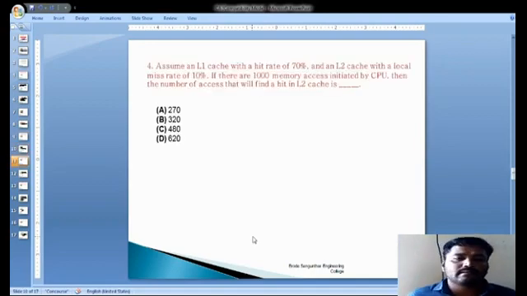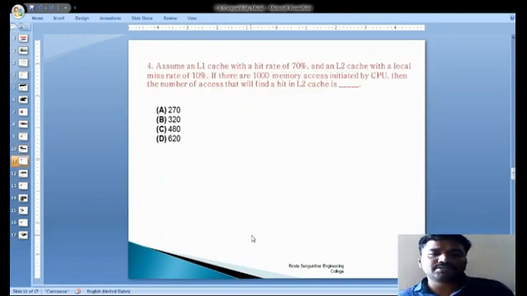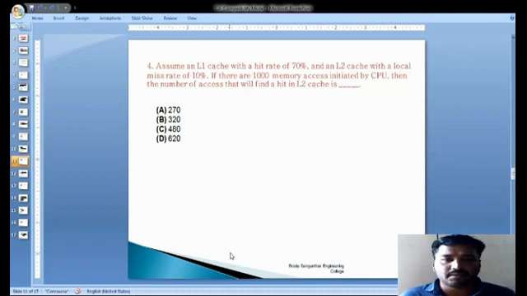So next question. Assume that L1 cache, the primary cache, with a hit rate of 70 percentage, and L2 cache with a local miss rate of 10 percentage.